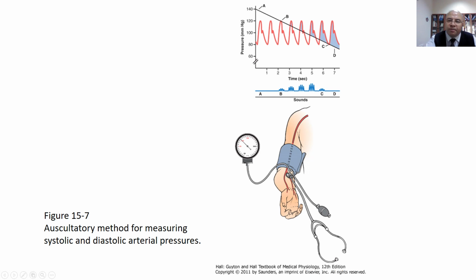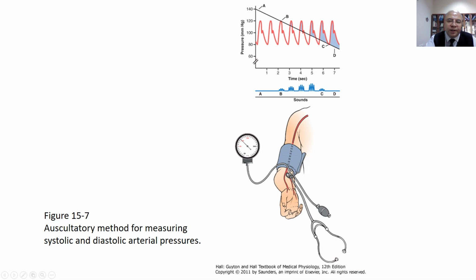When the pressure inside the cuff is equal to the arterial pressure, blood starts flowing at the highest point. So we can hear the sound, the Korotkov sound. So the first sound heard shows us the systolic blood pressure.